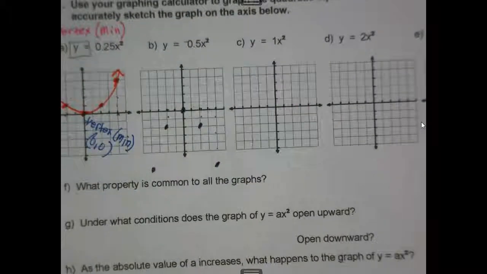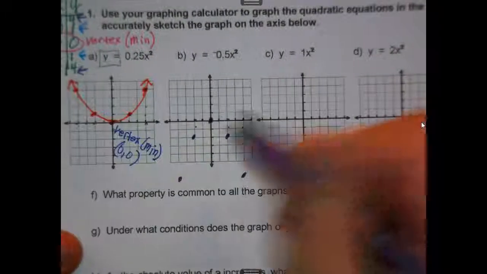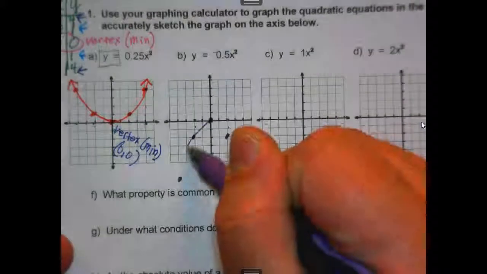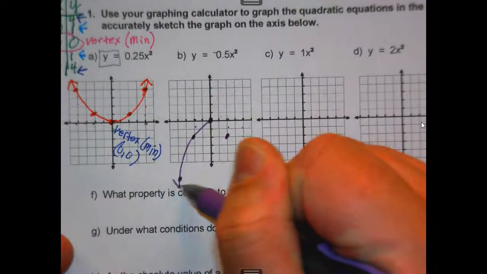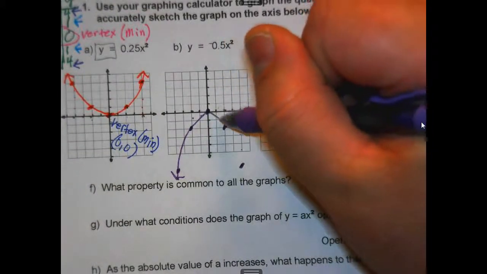Okay, now I can sketch my graph. So there's half of my U, and here's the other half of my parabola.